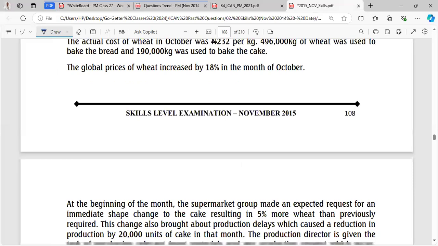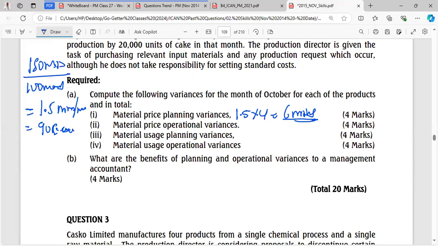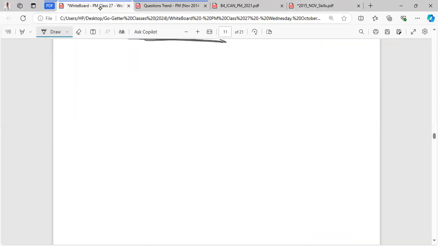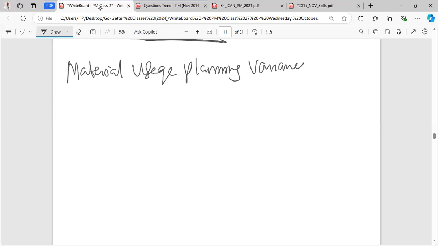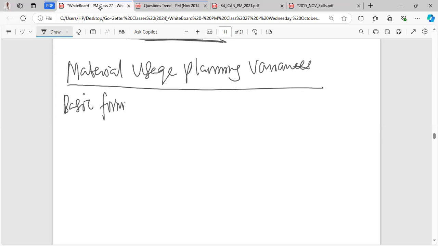Now, usage planning variance. So let's go. Material usage planning variances. So we quote the basic formula.